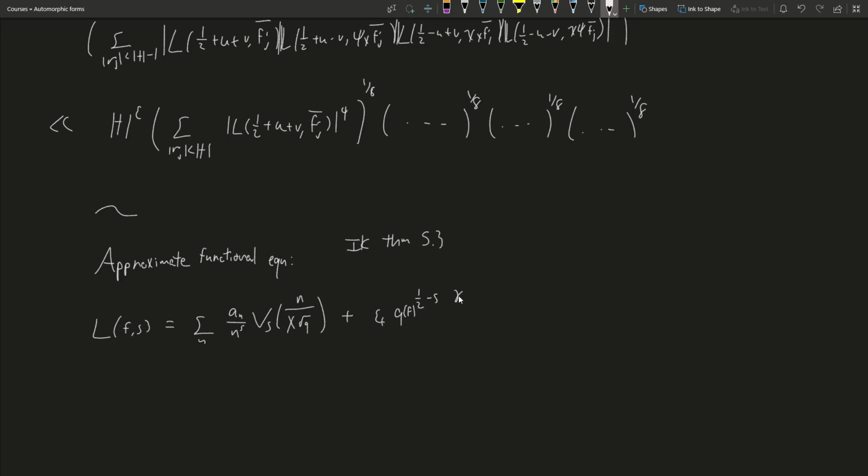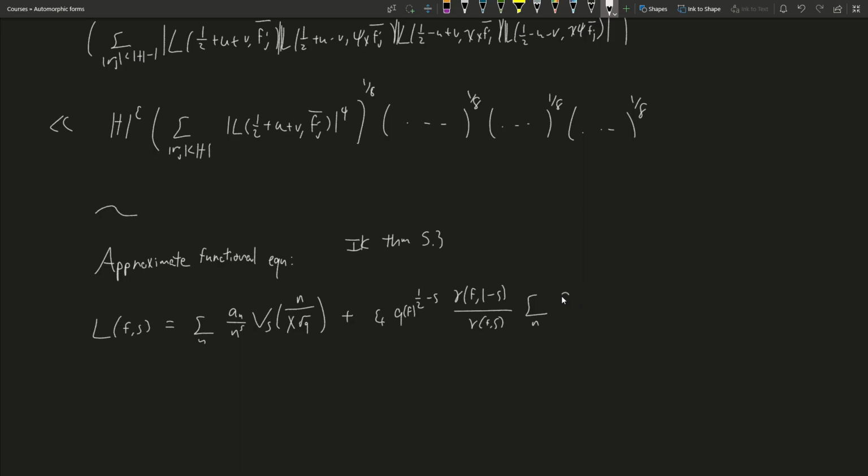This is a product of the gamma factors in the functional equation: gamma(1 minus s) over gamma(s), and then you have the same sort of Dirichlet series.